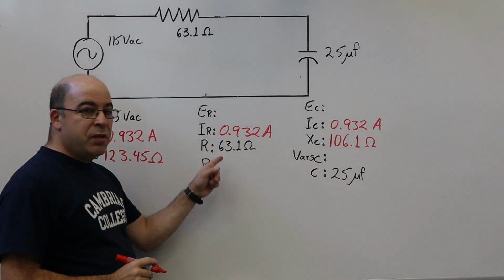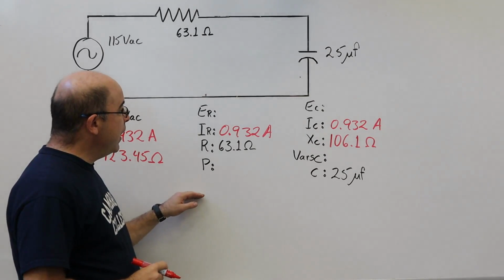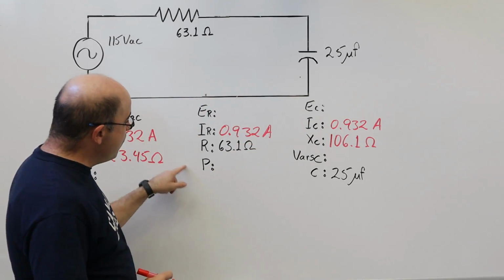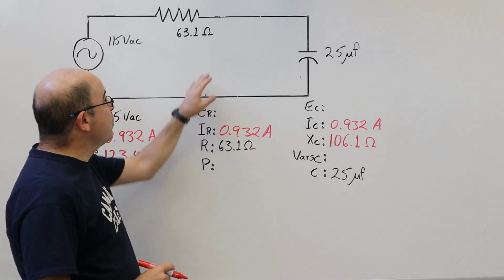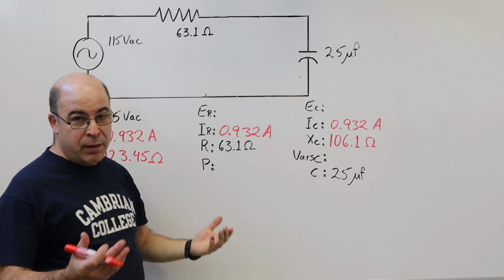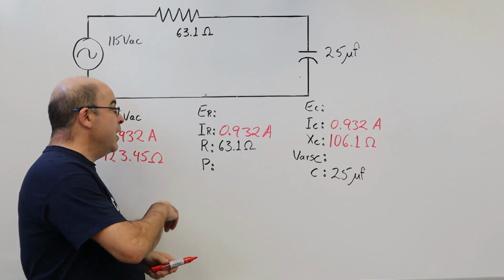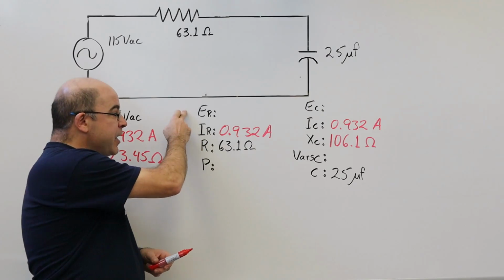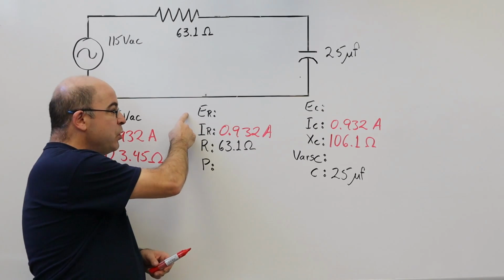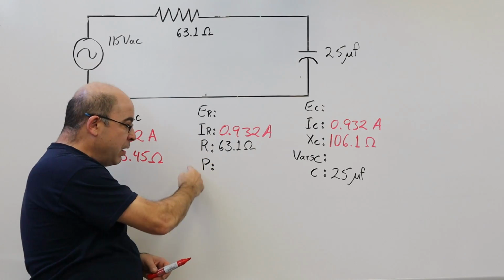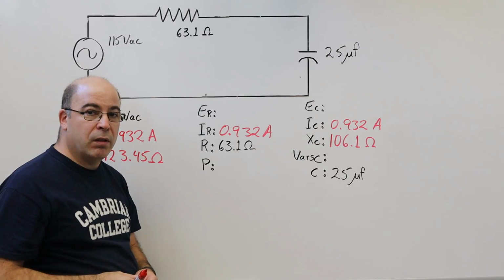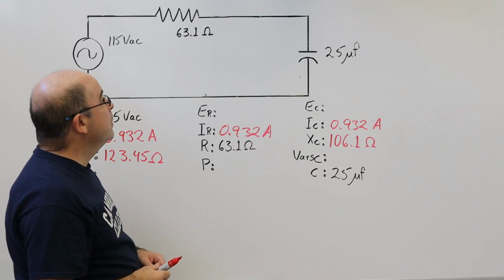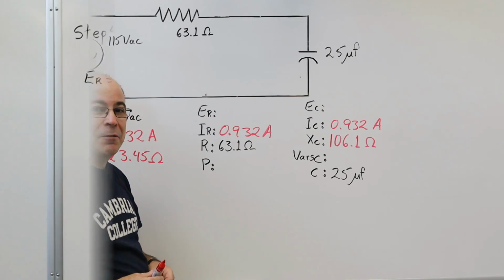Now that I've got 2 values, I can solve for the remaining missing values for this resistive component, which is what I'm going to do next. I'm going to find the value of the voltage drop across the resistor. Using that value, I'm also going to use it with the current to calculate the value of true power. So let's keep moving down.